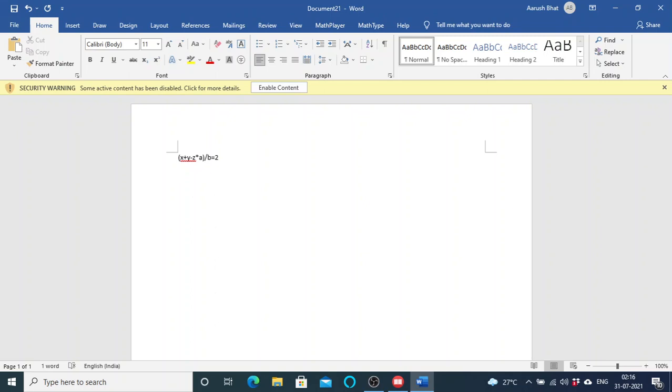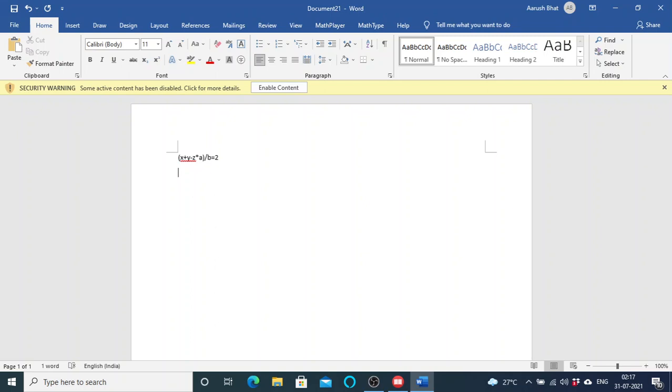So in the parentheses we have x plus y minus z into a, upon b equals 2. Now it is supposed to represent a fraction where the whole part, x plus y minus z into a, is the numerator and b is the denominator.